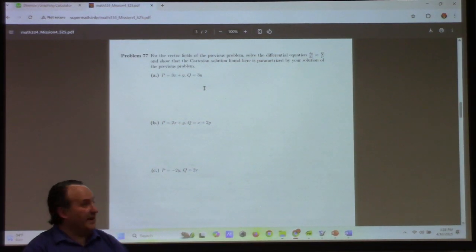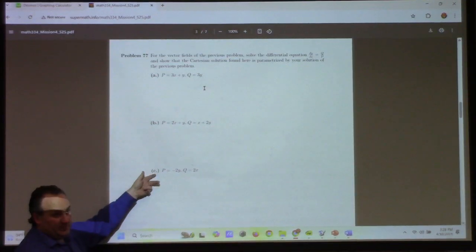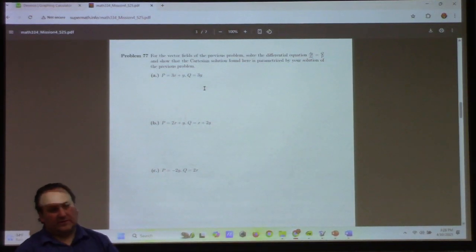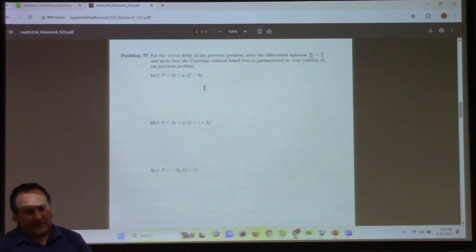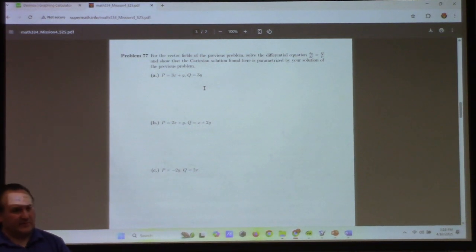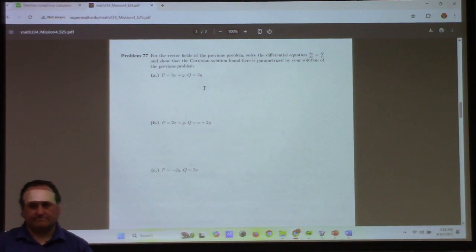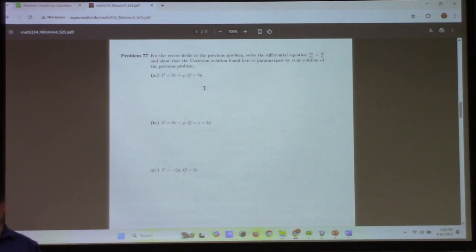And I don't know about the other one. I know part C is quite doable. That's not bad. So if you can't actually do the integration in parts A and B, don't sweat it. Just try, and if you can, you can. If you can't, it's okay. We'll give you most of the credit for trying. If you at least write down the differential equations that you should try to solve, that'll be enough.